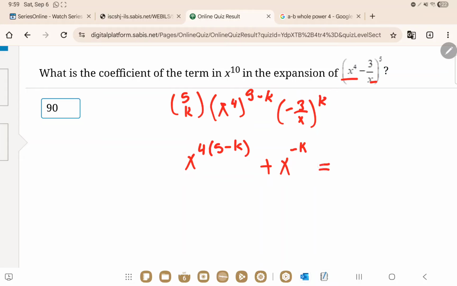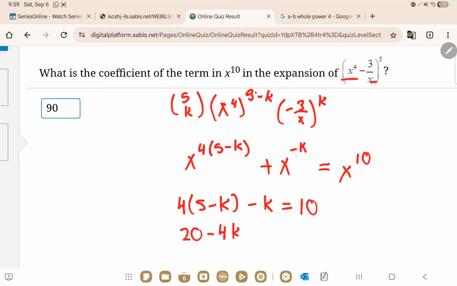We want them to equal x to the power 10. So 4 into 5 minus k equals 10. Now 20 minus 4k minus k equals 10. Long story short, k equals 5.